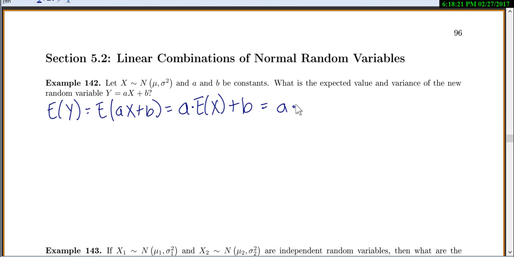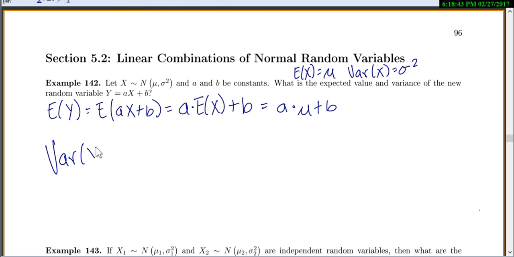The expected value of x, that's the mean, that's just mu, because they told you that was your expected value. So, a times mu plus b. Here, let's write a note up here. Expected value of x was mu, and the variance of x was sigma squared. So that's the expected value for y.